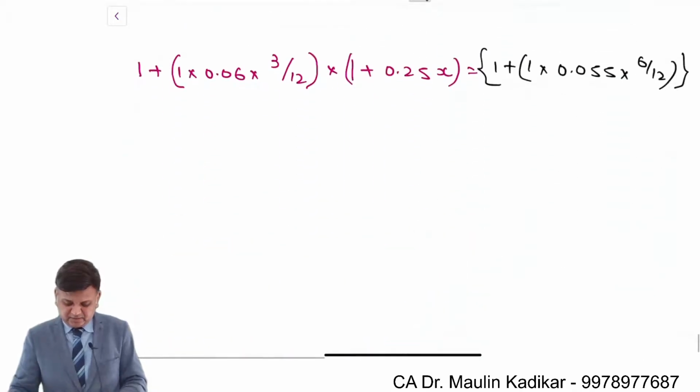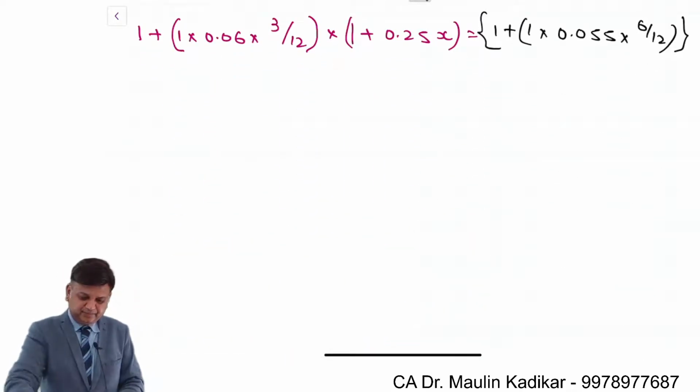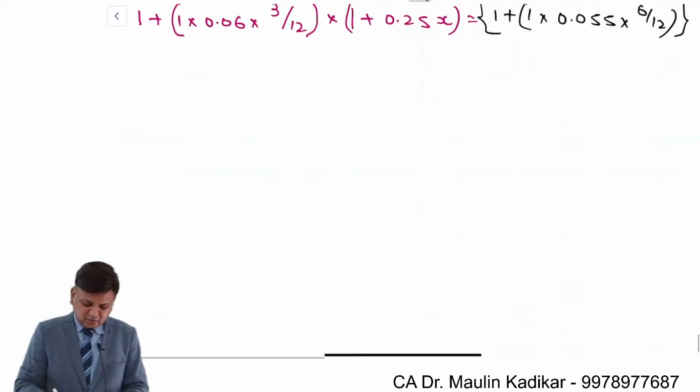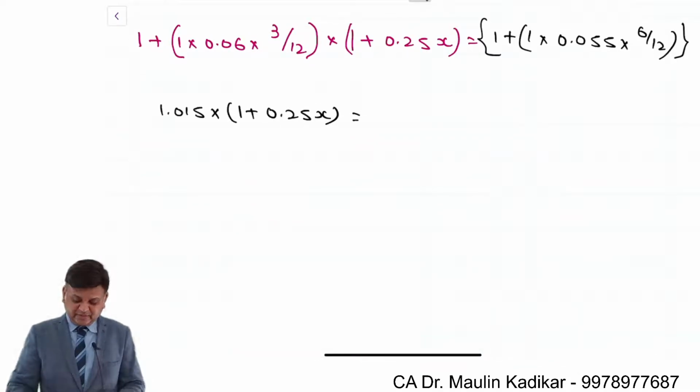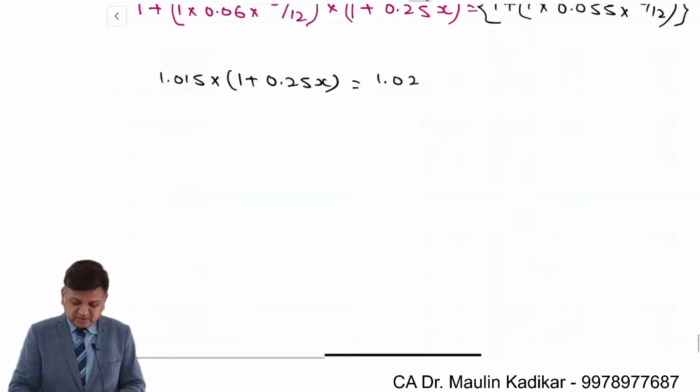Let us see. So here 6% into 0.25, that is 1.015, into 1 plus 0.25x is equal to 0.055 into 1 by 2, that is 2.75%, 1.0275.